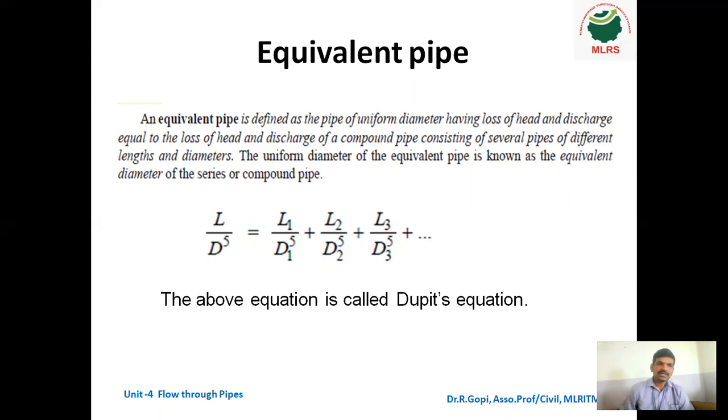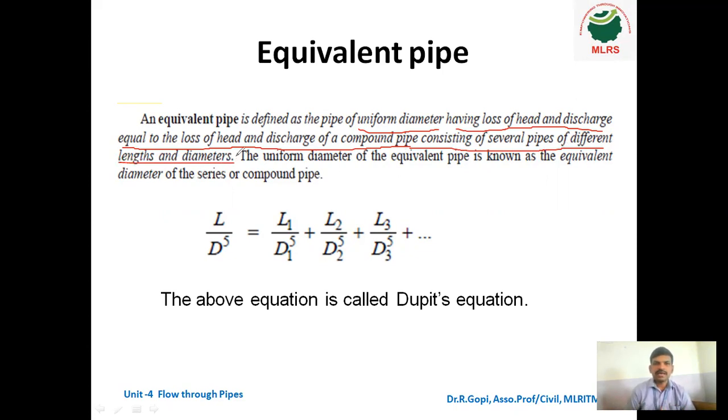So now we will see the definition. An equivalent pipe is defined as the pipe of uniform diameter. So this point is very important: uniform diameter. In the previous case, that means pipes in series or compound pipe, we used different diameters. But here only one diameter, uniform diameter, having loss of head and discharge equal to the loss of head and discharge of a compound pipe consisting of several pipes of different lengths and diameters. Simple.